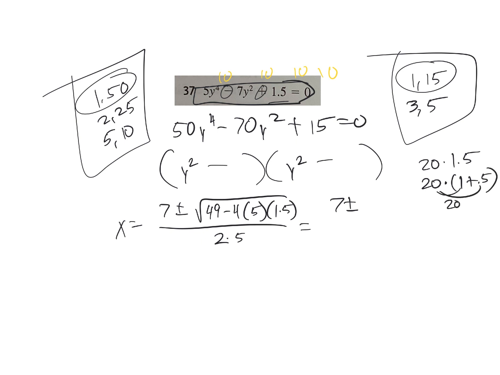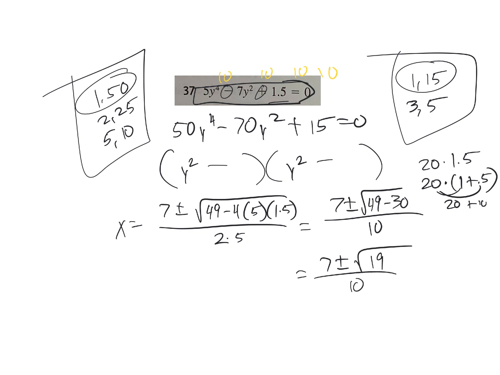That's 20. Half of 20 is 10. So that's 30. So you have in the radical 49 minus 30 all over 10. 7 plus or minus 49 minus 30 is 19 over 10, which explains why we can't factor this. And that would be our answer.